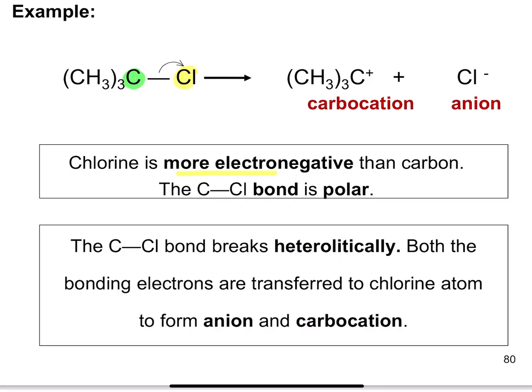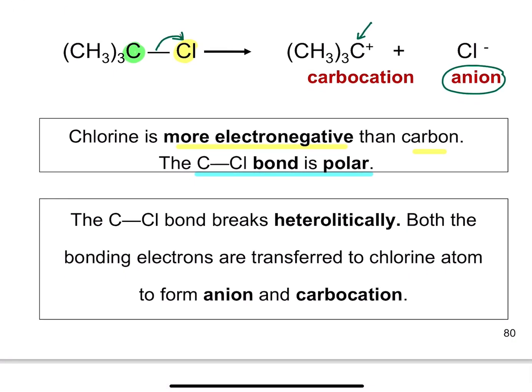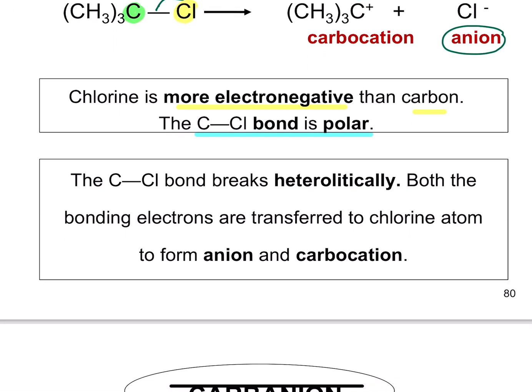So chlorine is more electronegative than carbon. So the C-Cl bond is a polar bond. So what happens when the C-Cl bond is polar? We have heterolytic bond cleavage where chlorine, which is more electronegative, will pull all the electrons towards it, forming an anion, leaving behind a carbocation. So that's the story of carbocation.